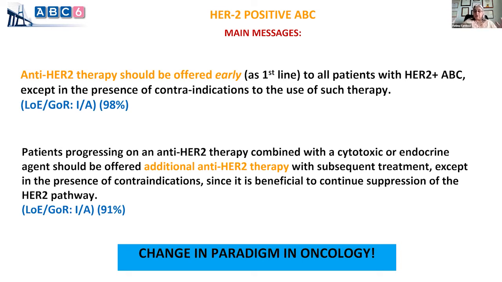So usually in oncology, if we give a treatment and there is resistance to that treatment, we don't give it anymore. But what we have proven for this subtype is that it is indispensable to continue to block this receptor, because if you stop blocking the receptor, the progression is much faster. The tumor grows much faster. So we need to block it.